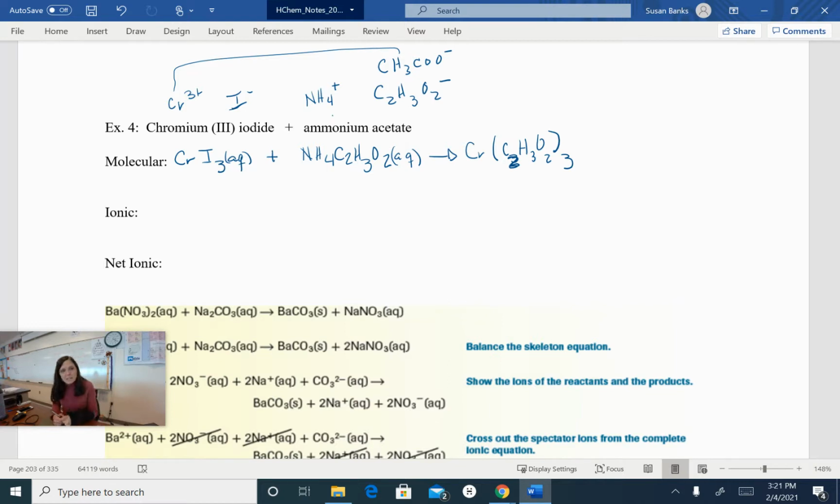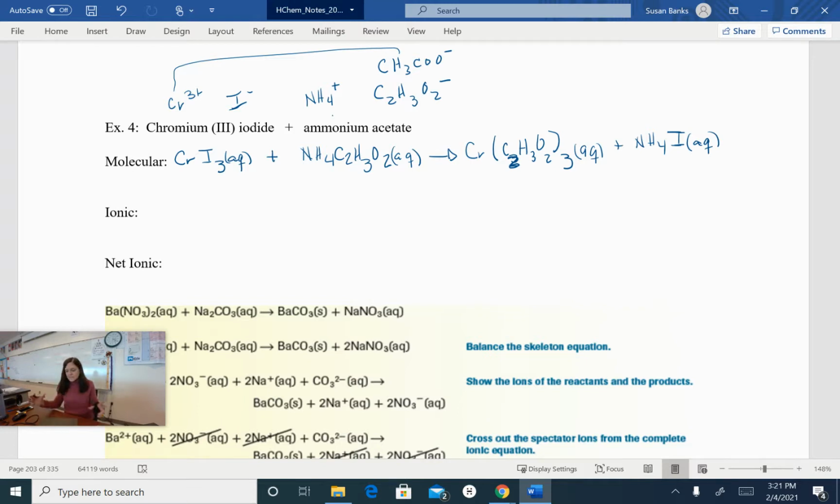Now, all acetates are soluble, no exceptions. So that is going to be aqueous. And then ammonium is a positive 1, and iodide is a negative 1. So they're going to be 1 to 1. And all ammoniums are soluble, no exceptions. So, all right, aqueous, aqueous.